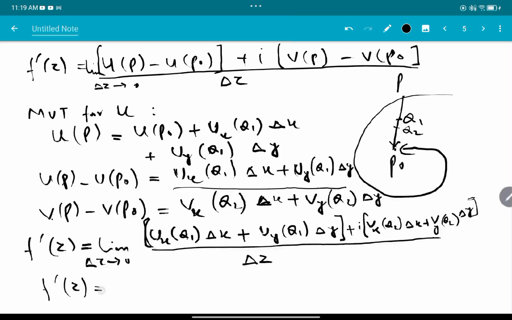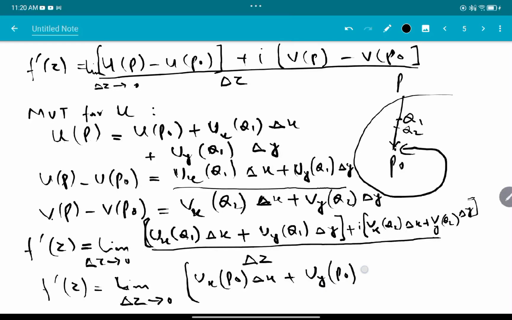F dash z is equal to limit delta z tends to 0, then I have ux p naught delta x plus uy p naught delta y plus vx p naught delta x plus vy p naught delta y.